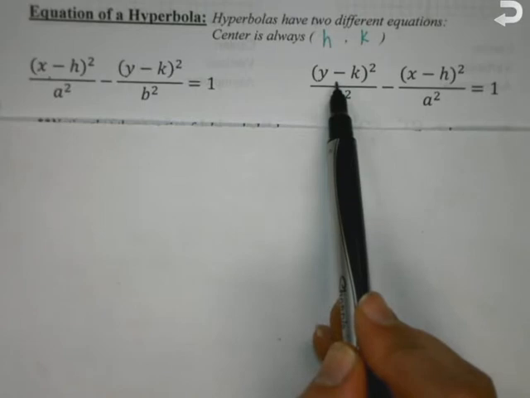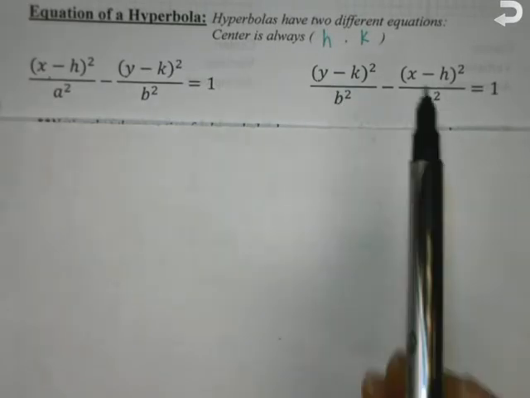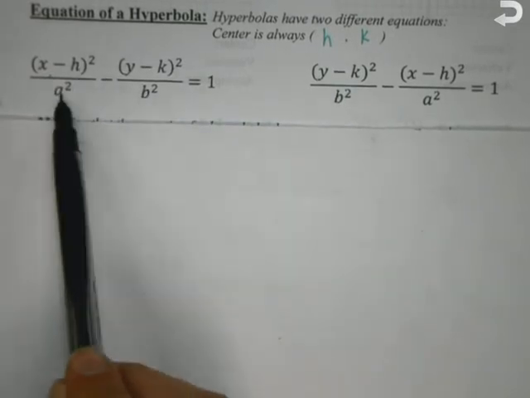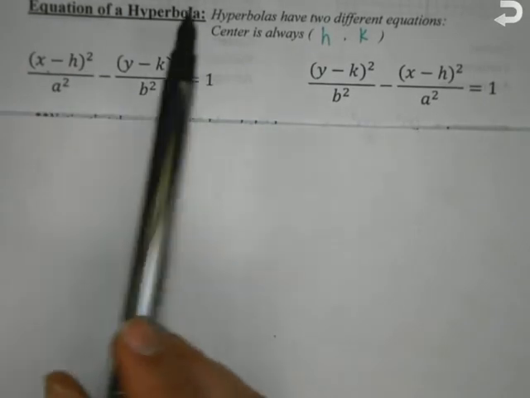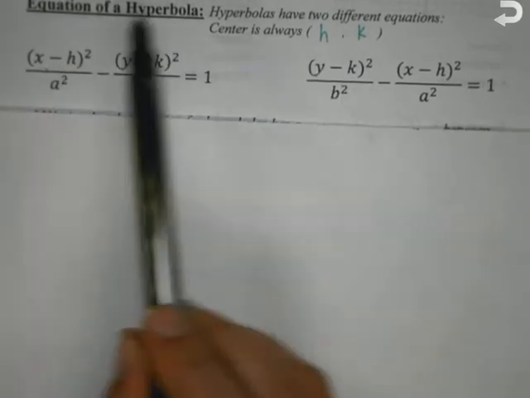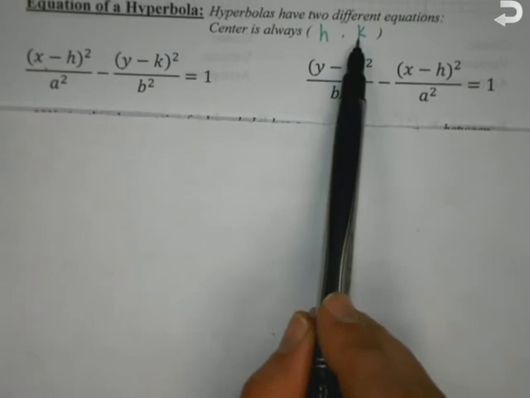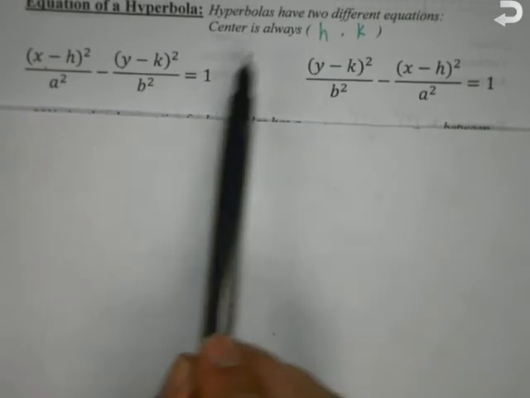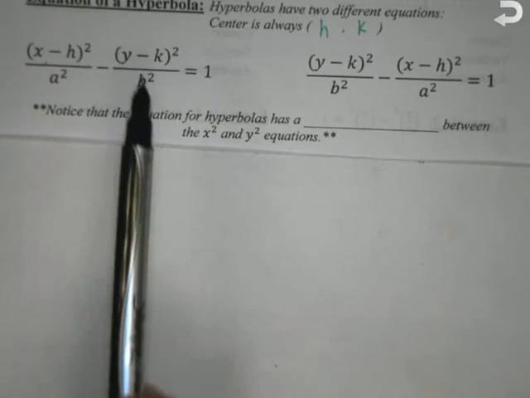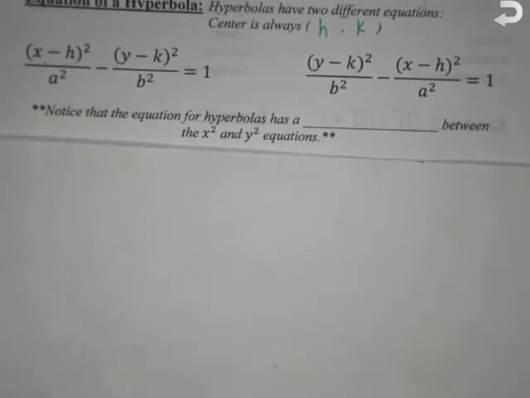B is always attached to y, A is always still attached to x. And your center is always, h is always attached to x, k is always attached to y. Also, we're always equal to 1. So what do you guys notice about a hyperbola that's different than an ellipse or a circle?